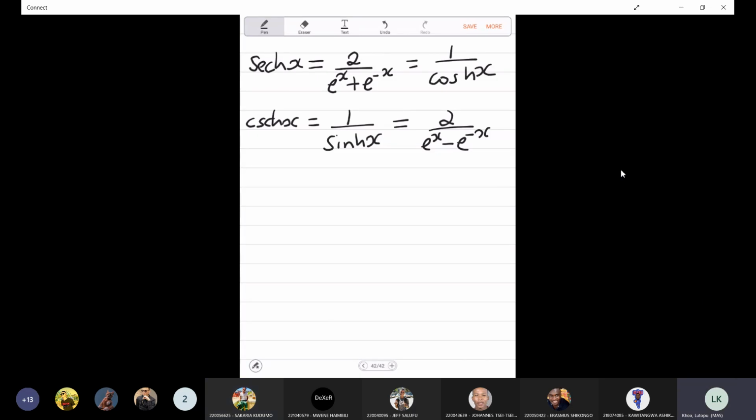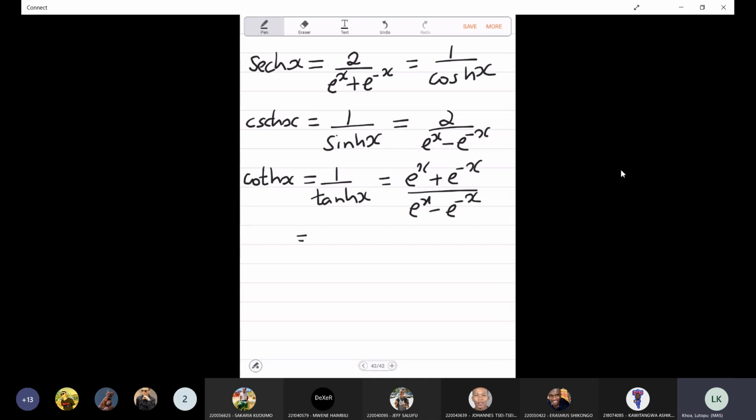Okay, and then same thing with the hyperbolic cot. This is 1 over hyperbolic tan, and this is e to the power of x plus e to the power of minus x divided by e to the power of x minus e to the power of minus x.